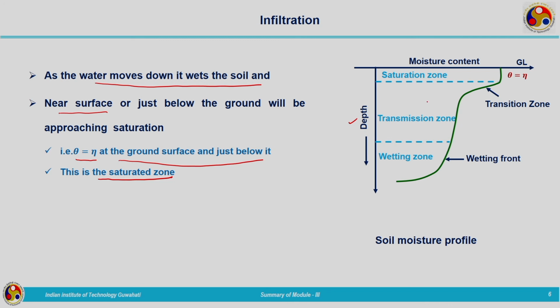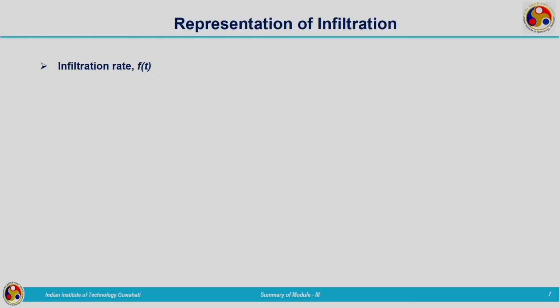Below the transition zone we have the transmission zone and the wetting zone, and we saw an important terminology known as the wetting front, that is the clear boundary separating the 2 regions before wetting and after wetting. Within the wetting front we found a sharp boundary with a great deal of soil moisture variation.